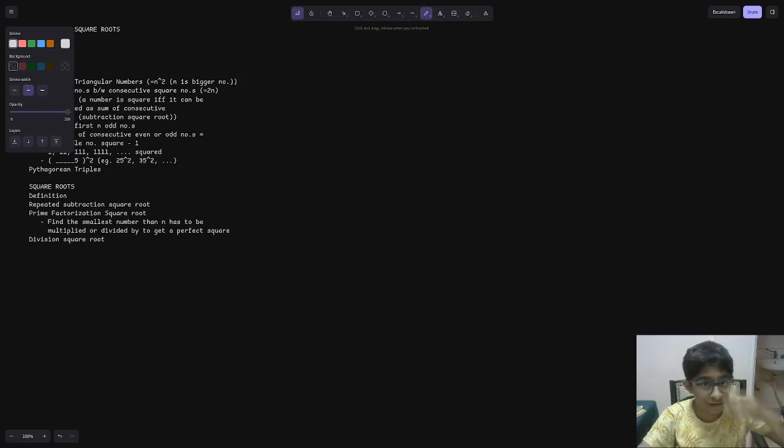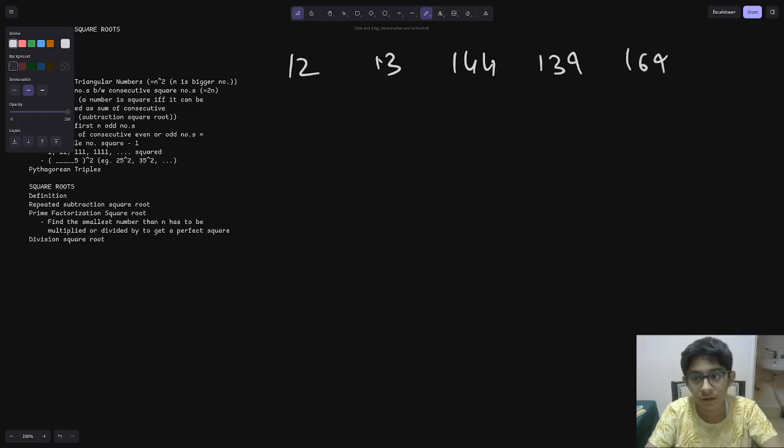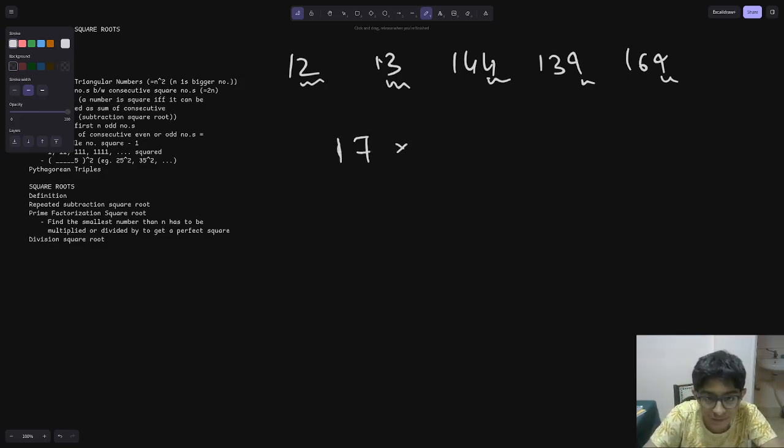If you have any number, like 12, 13, 144, 139, 169, anything, all of these are there, right? If you multiply it by any number, like if I take 17 and multiply it by 2, the last digit should be 7 times 2, 14, which ends with 4.